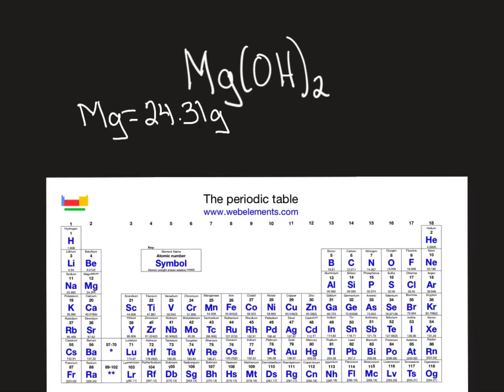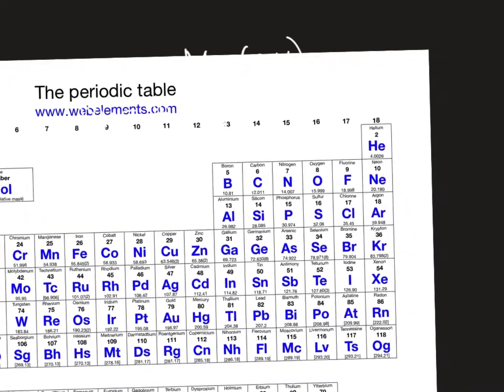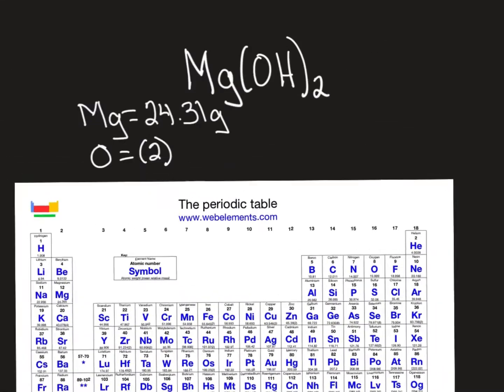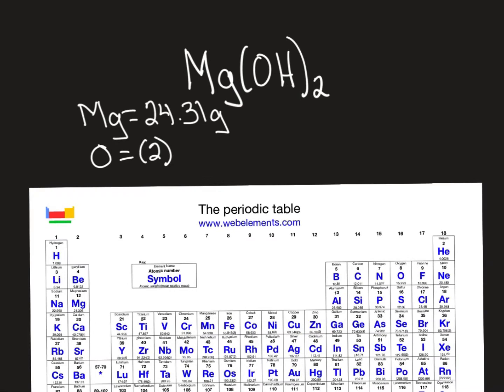Our next element is oxygen. We have 2 oxygen. Oxygen is in the parentheses and there's a 2 on the outside. So I'm going to put 2 in parentheses here because whatever number I pull from the periodic table, I know that I'm going to multiply it by 2. So if we look at oxygen, its number is 15.999, so I'm going to use 15.99.